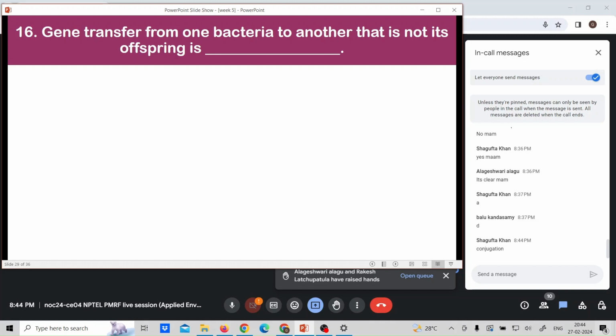It's not conjugation basically. Conjugation is a type of it, but the phenomenon. I'm asking about the name of the gene transfer phenomenon. Conjugation is partly right, but it's not the exact name of the phenomenon here.